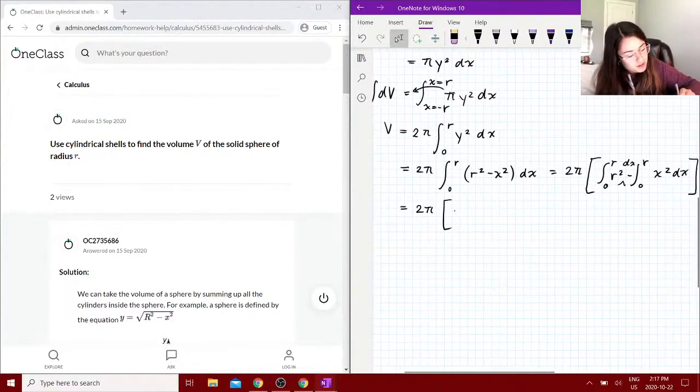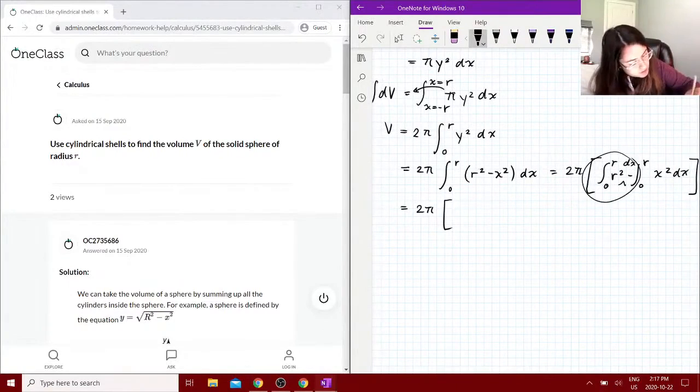Okay, so yeah, now you can look at them individually in case that's more clear for you. Okay, so like I said before, we're going to go through this first part. So the integral of r squared with respect to x, well, there isn't one, because there is no x in that formula, okay? So we can just remove that, and we have r to 0 of dx. And then I'm just going to keep this the same, dx.